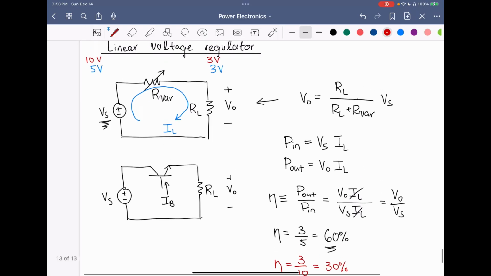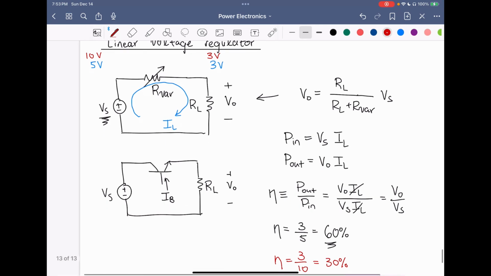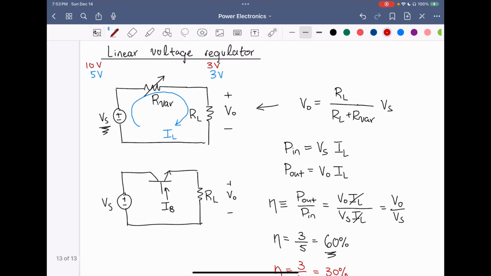So in this case, if we have a higher step down ratio of 10 to 3, that means a whopping 70% of the power is wasted away in R var and not actually delivered to our desired load resistor. So this is the main drawback of linear voltage regulators. And this motivates our study of switch mode power converters, in which the buck converter is a very fundamental topology.